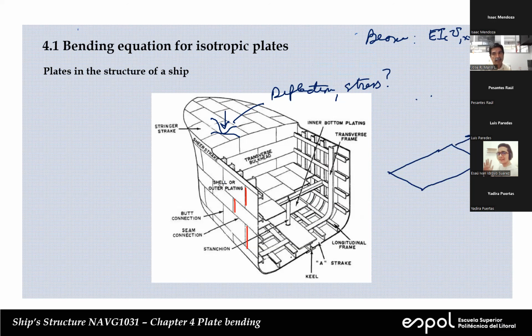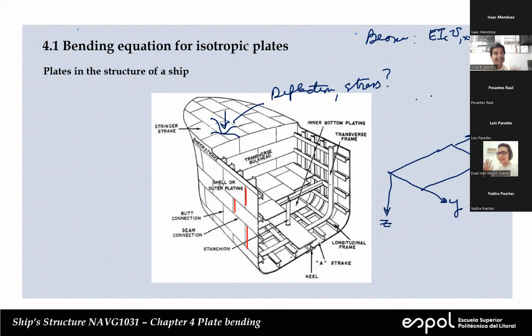Usually this is X, this is Y. Question, Z points upward or downward in this case? Downward. Yes. So it's X, Y, Z points downward. X, Y, Z. So yeah, Z points downward. Okay.